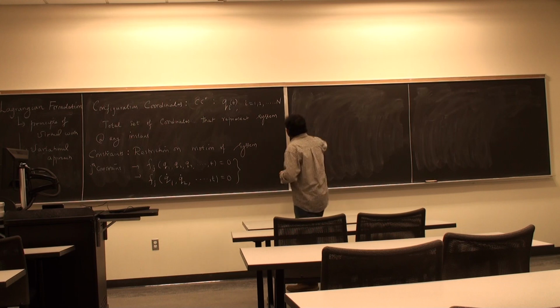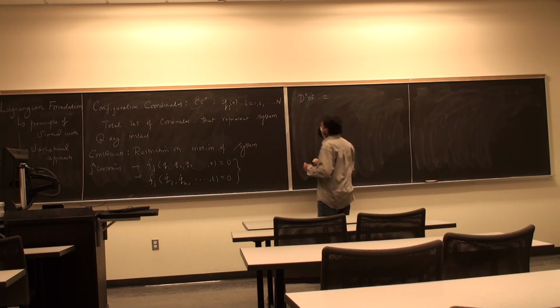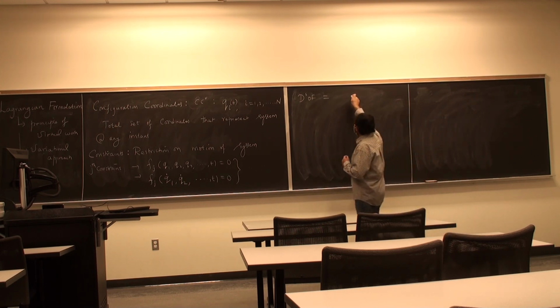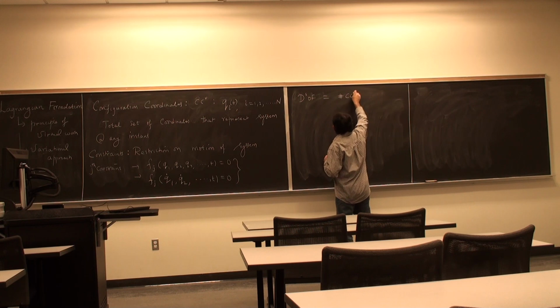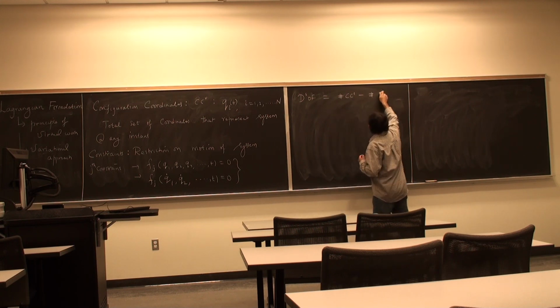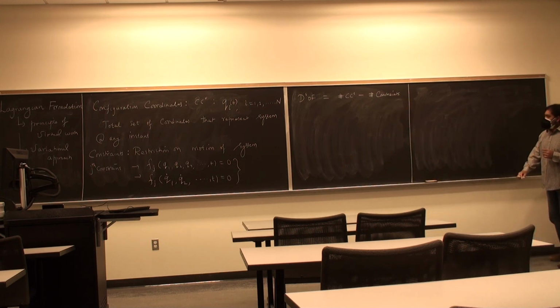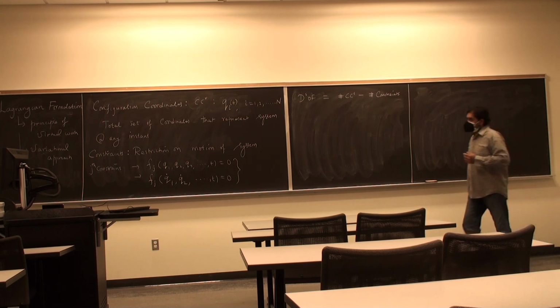Degrees of freedom. We've visited this idea multiple times. Degrees of freedom is the number of configuration coordinates minus the number of constraints. That's the third idea.